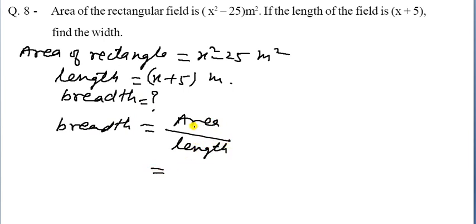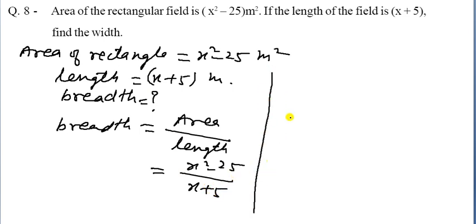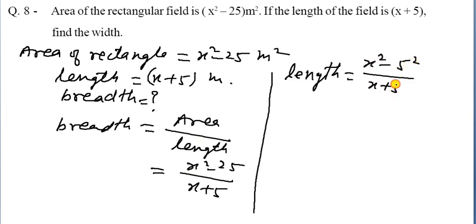Now use the formula: the area is given as x square minus 25 and the length is x plus 5. So let us see what will happen here. You can write here length is equal to x square minus 25. So you can write x square minus 5 square, and here is x plus 5.